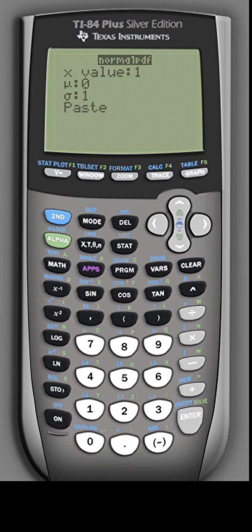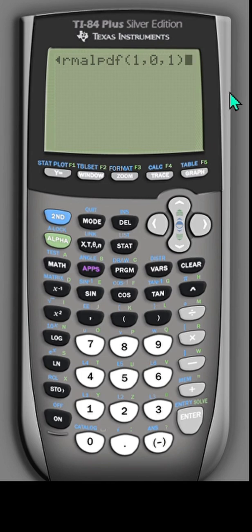I'm going to scroll down all the way to paste. This is if you have a TI-84. If you have a TI-83, you would see this on the screen right now, and you would have to enter the values 1, comma, the other value, comma, and then the last value.